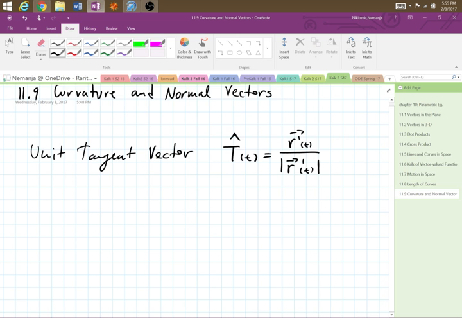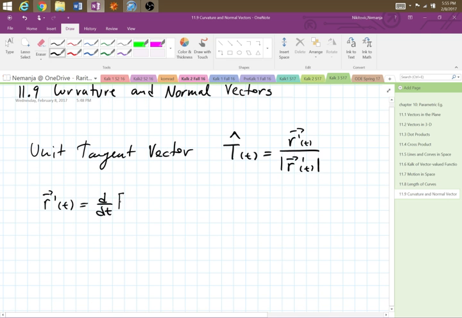This r prime is the derivative of r with respect to t. And that would be the derivative of the vector f, g, h if you have the 3D, right?